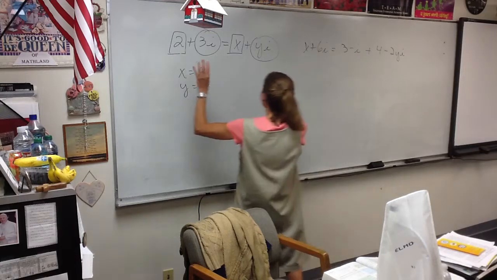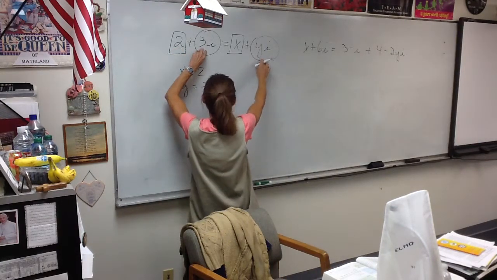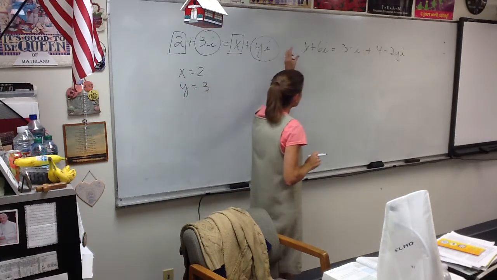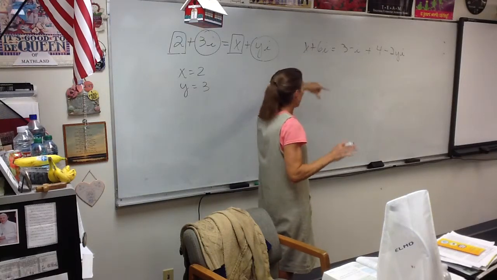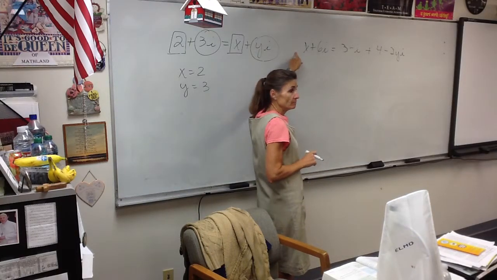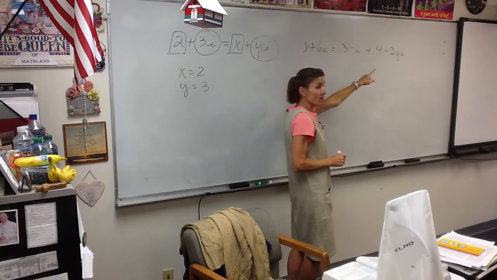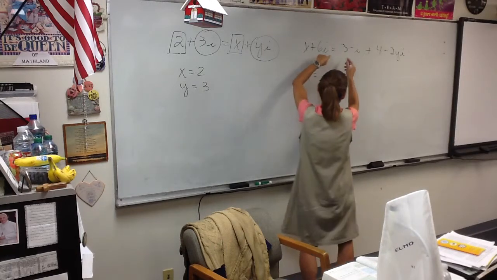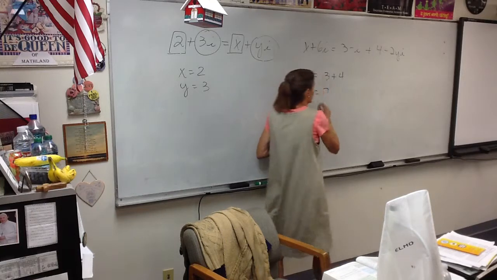Just like in this problem, everything with an i is equal and everything without an i is equal. So let's look at this. What does not have an i on this side? x. So that must equal everything on that side that doesn't have an i. So what doesn't have an i over here? Well, 3 plus 4. So x is 7.